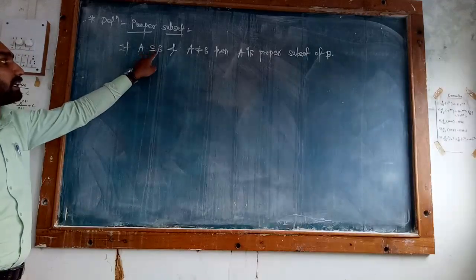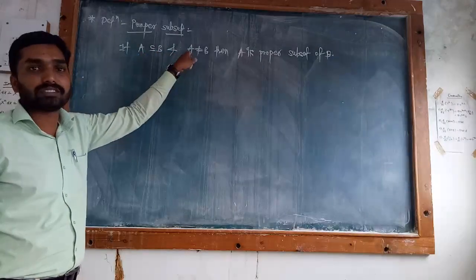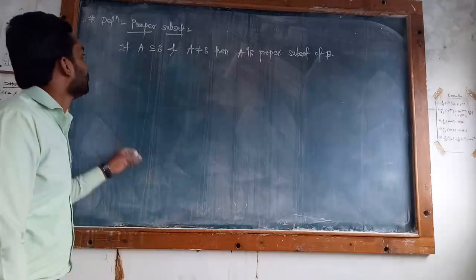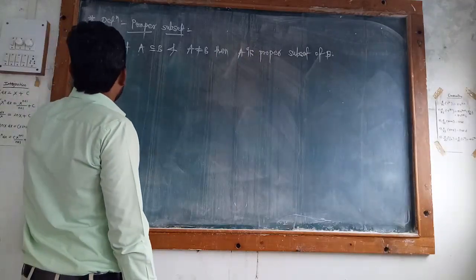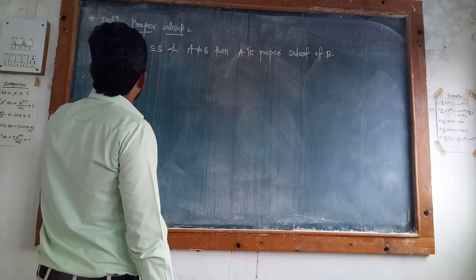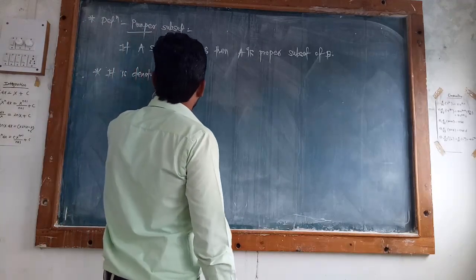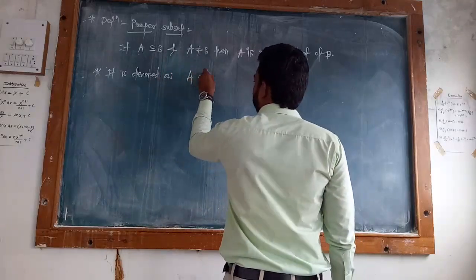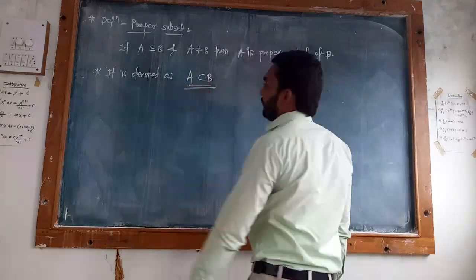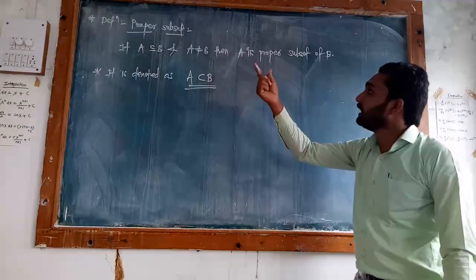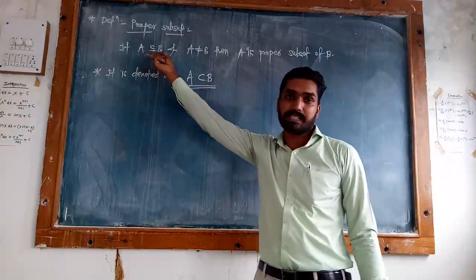If A is a subset of B and A is not equal to B, then A is a proper subset of B. How do you denote proper subset? This is the notation for proper subset and this is the notation for subset.